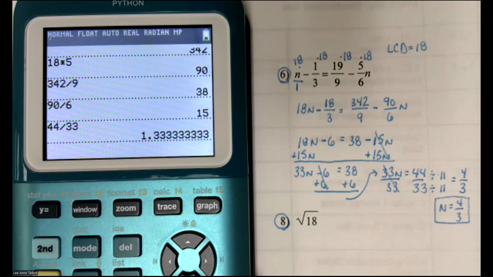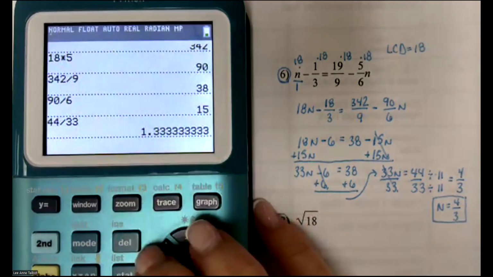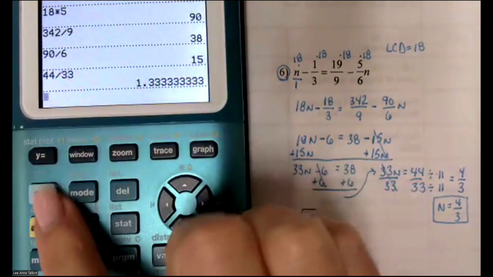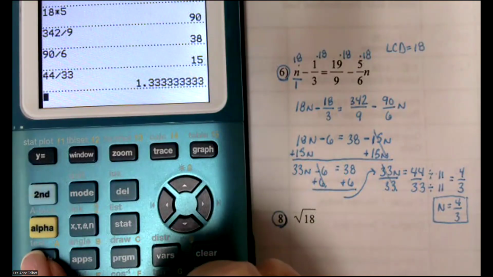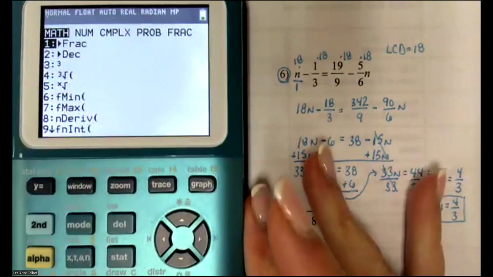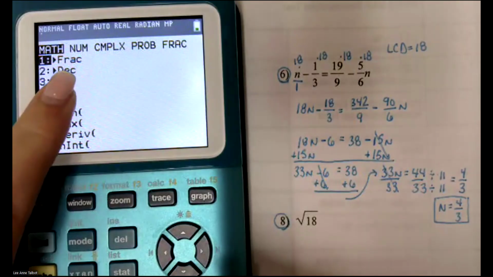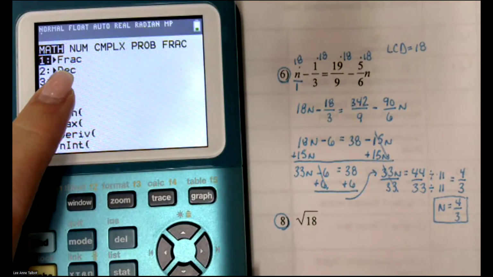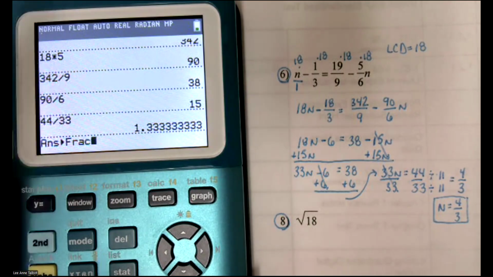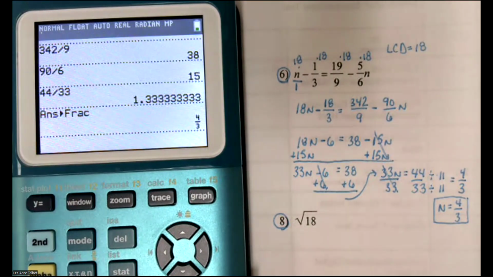Okay, your graphing calculator is wonderful. If you hit the math button, which is located right underneath the alpha, so it's the third one down over here. So hit the math button, and then right there is change it to a fraction mode. So you hit enter, and then hit enter again, and look at the beautiful reduced fraction.